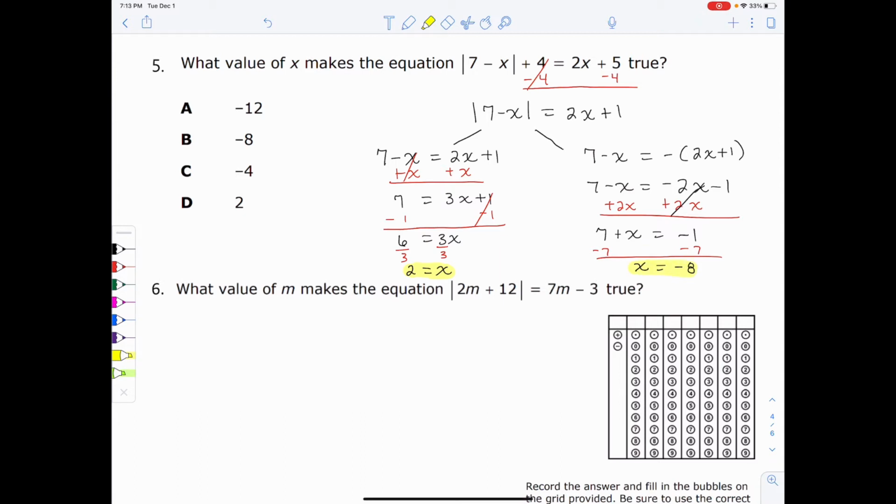Okay, so what's happening here, right? Because we know that when we solve an absolute value equation, we should usually end up with two answers. Now there is such a thing as a fake solution. The term for it is extraneous solutions.